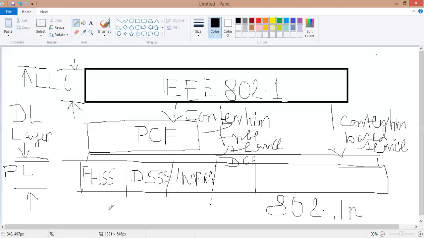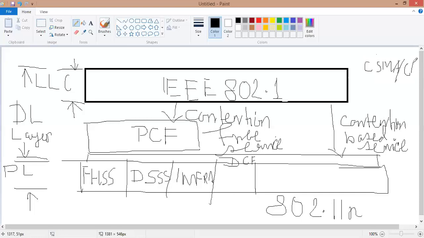Now, when I'm talking about distributed coordination function, this DCF uses the CSMA CA protocol.